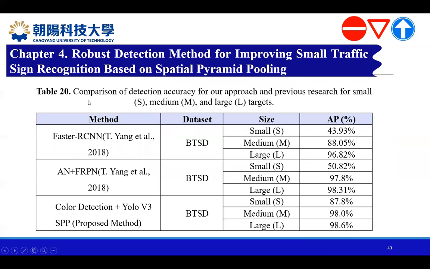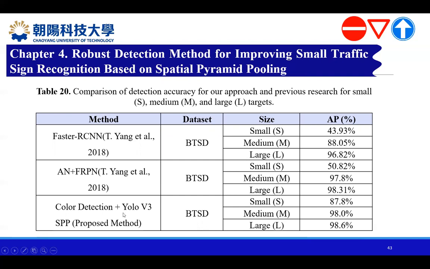In table 20, it shows the comparison of detection accuracy for our approach and previous research for small, medium, and large targets. Based on the previous research, T. Yang et al. used the faster RCNN and attention network, and FRPN, using the same dataset, and we follow the setting of small, medium, and large for each dataset.